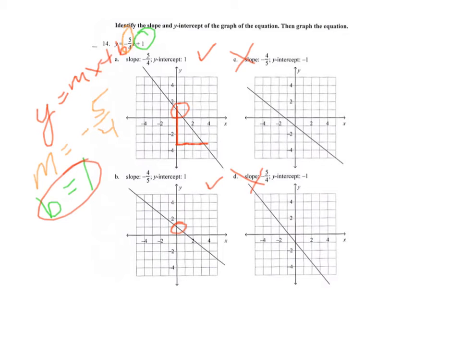That one looks like that works, but I'm going to double check here. If I go down 1, 2, 3, 4, over 1, 2, 3, 4, 5, that's the opposite. That would be 4 over 5, so that does not work. So the correct answer here is A.